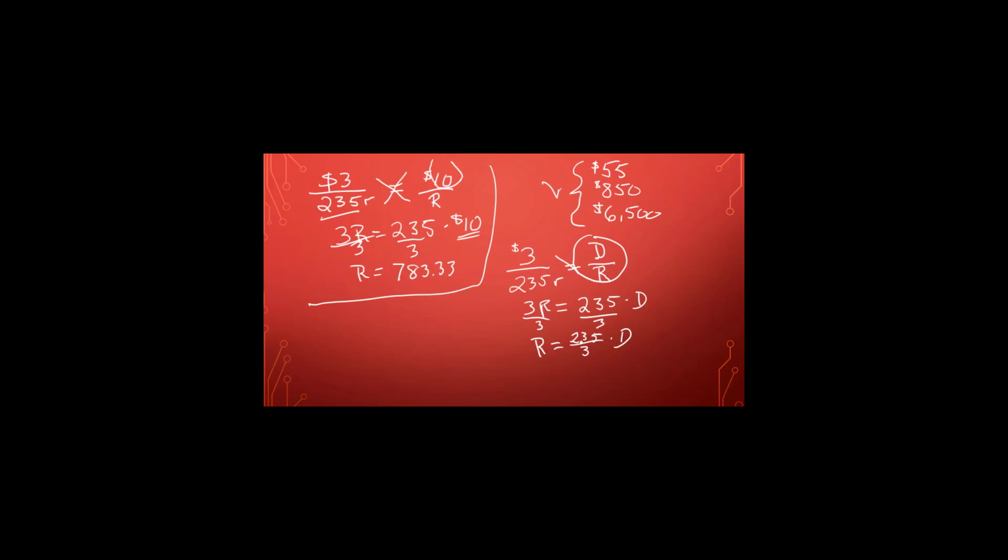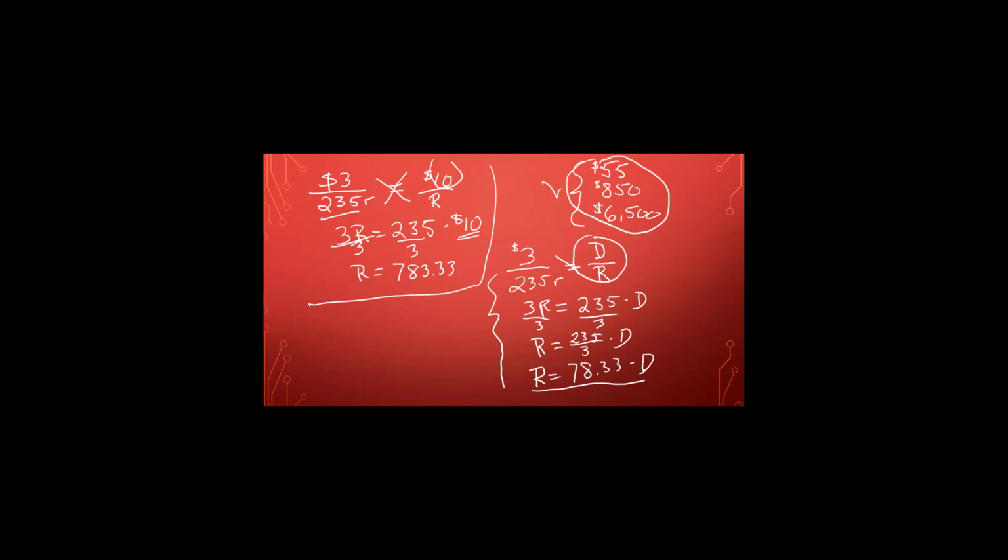So now I'm going to actually go on my calculator, divide 235 divided by 3, and I get 78.33 times dollars.